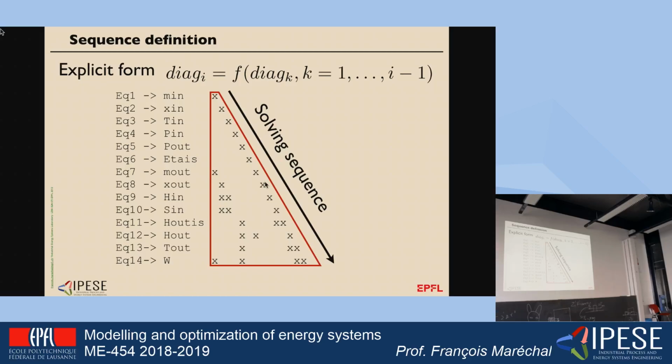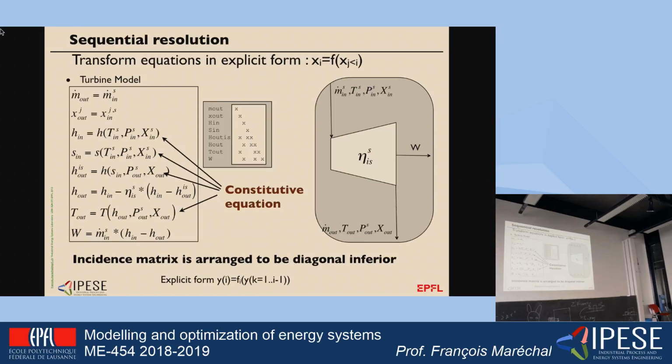Okay? So now I can transform the equations by having an explicit form in which I will have a given value that is equal to a mathematical formula that depends only on values that have been already calculated. Okay, so for example here, knowing that the flow in the inlet is specified, so it's known, then I can calculate the value of M out. Knowing the composition, I can calculate the composition at the outlet. Knowing the temperature, the pressure, and the composition, I will be able to calculate the enthalpy.